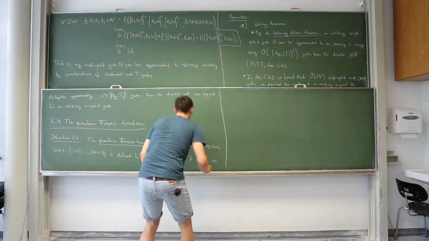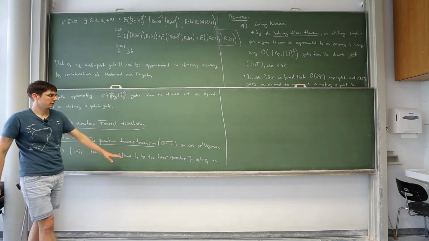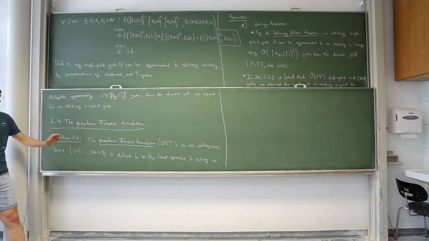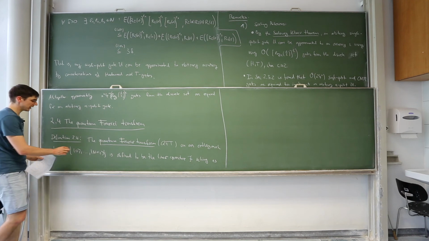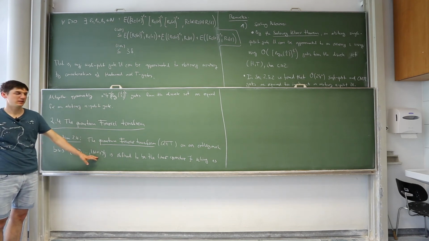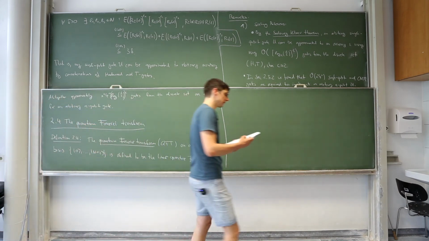We define the quantum Fourier transformation as a linear operator acting on some orthonormal basis. Suppose the states 0 to n minus 1 form an orthonormal basis. Then we define this quantum Fourier transformation as a linear operator which acts on the states as follows.